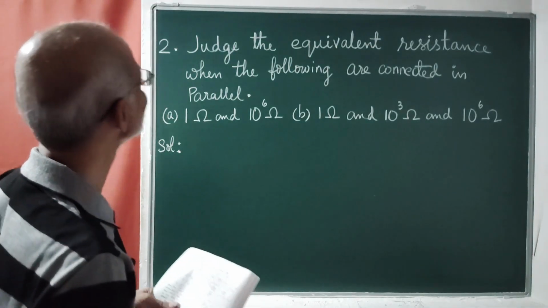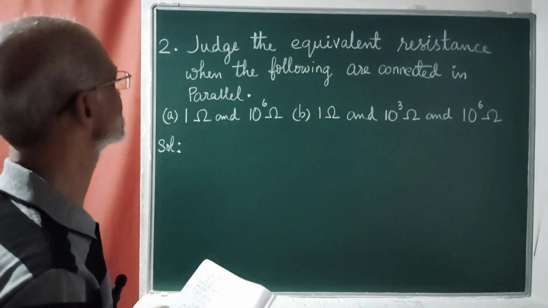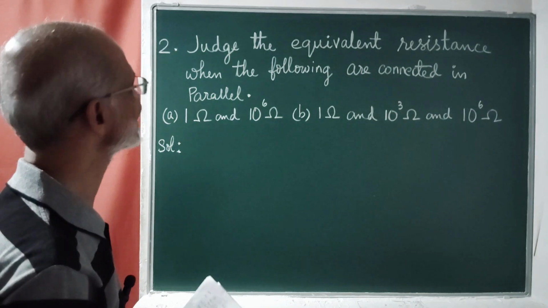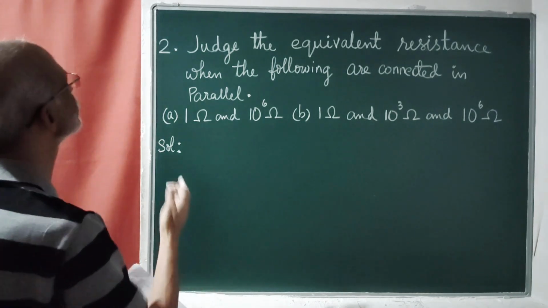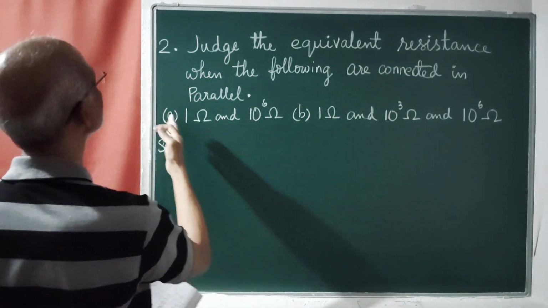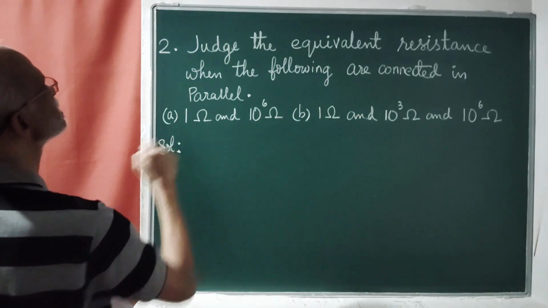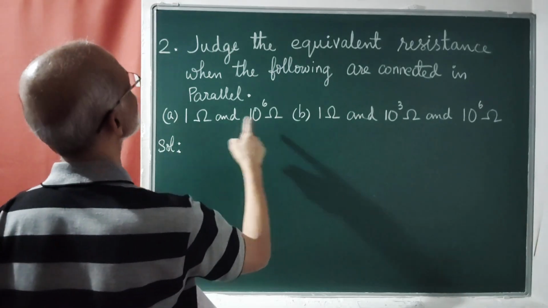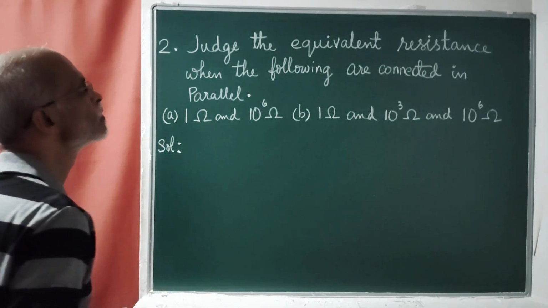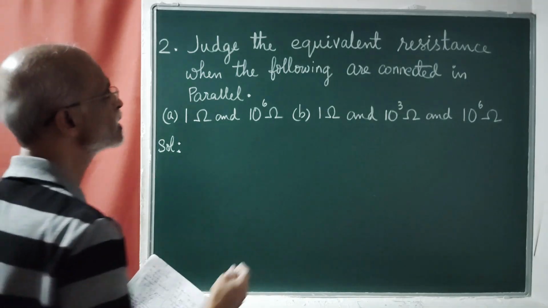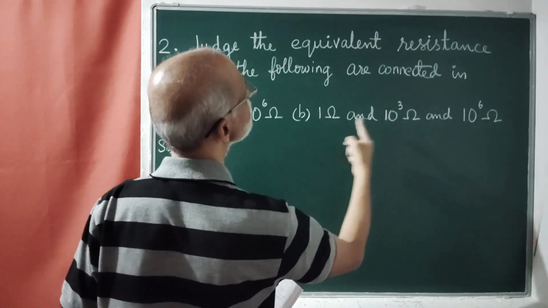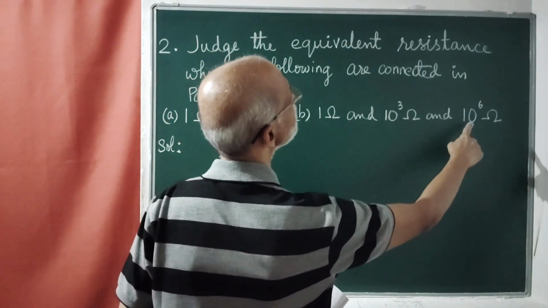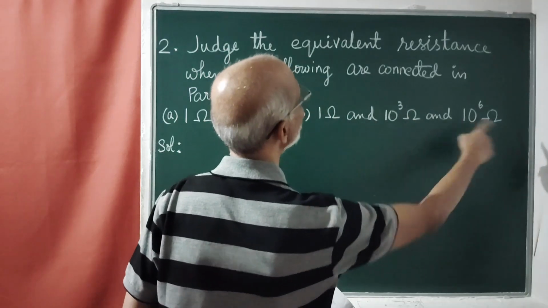Question says, judge the equivalent resistance when the following are connected in parallel. There are two connections, A and B. In A, 1 ohm resistance and 10 to the power of 6 ohm resistance are connected in parallel. In B, there are 3: 1 ohm, 10 to the power of 3 ohms, 10 to the power of 6 ohms, all three connected in parallel.